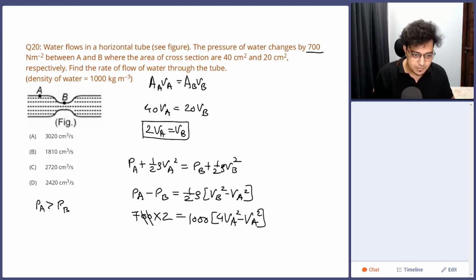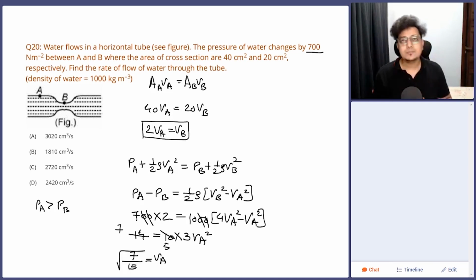So the zeros cancel. This is 14 equal to 10 into 3 VA square. Okay, so we can divide by 2. This will be 5, this will be 7. So 7 by 15 under the root, that will be the VA value.